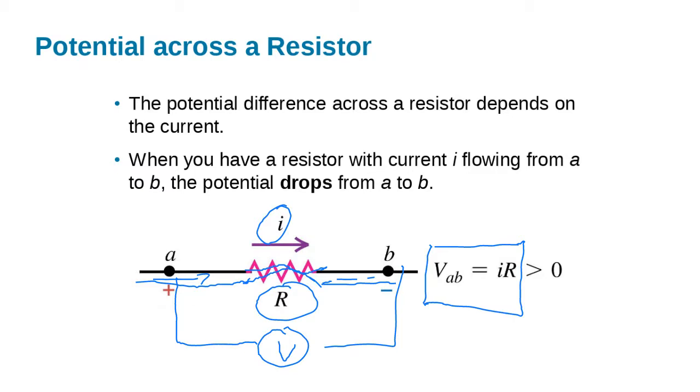Then the voltage, we said, was equivalent to the pressure. So if we have a pressure gauge, then because we've pinched off the flow in a resistor, we get a build-up of pressure on this side compared to this side. So we would measure a positive pressure on this side compared to this side. That's analogous to what we would see with a resistor in an electrical circuit.